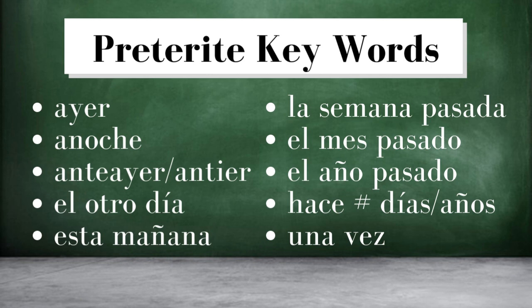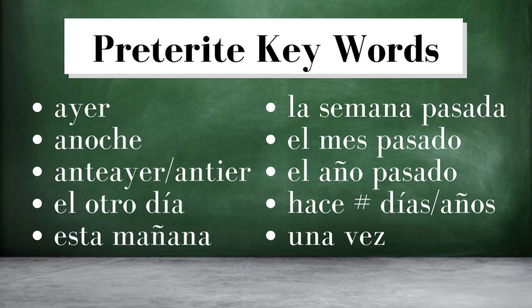Anoche, last night. Anteayer or antier, meaning the day before yesterday. El otro día, the other day. Esta mañana, this morning. La semana pasada, last week. El mes pasado, last month. El año pasado, last year.